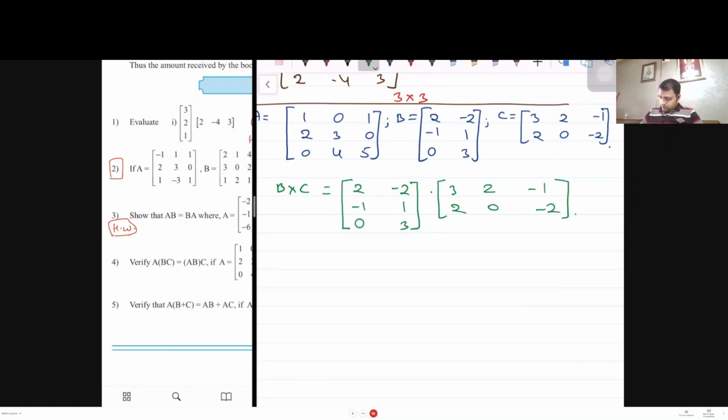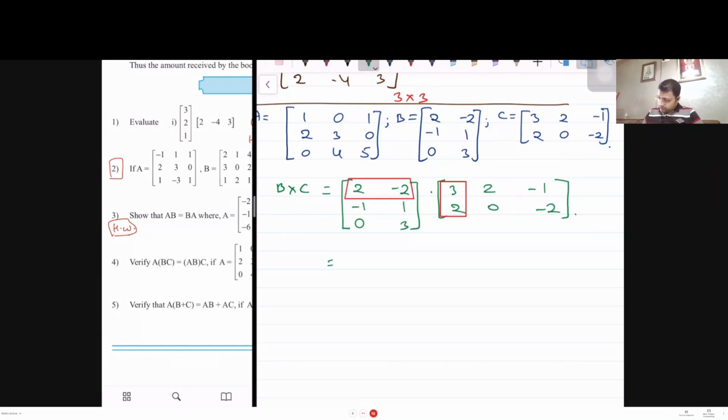Okay, so over here, the first row elements will get multiplied with the first column elements first, and then we will repeat the procedure for the second column and the third column. So let's do it.